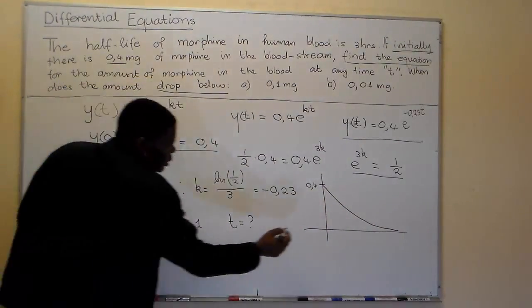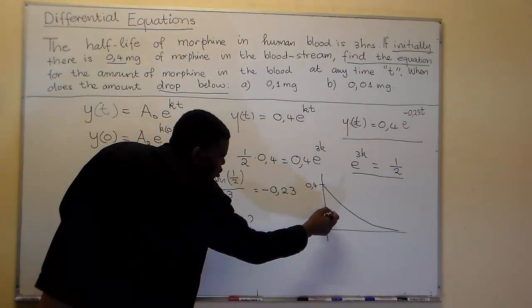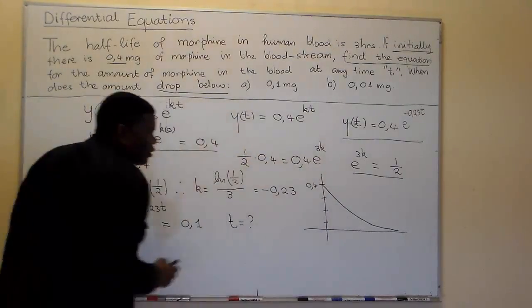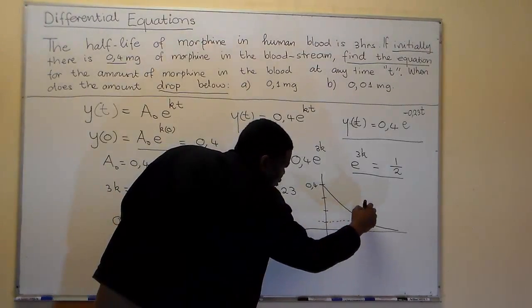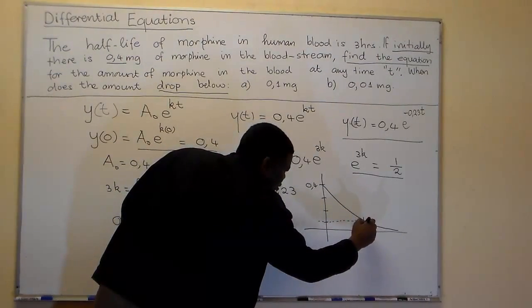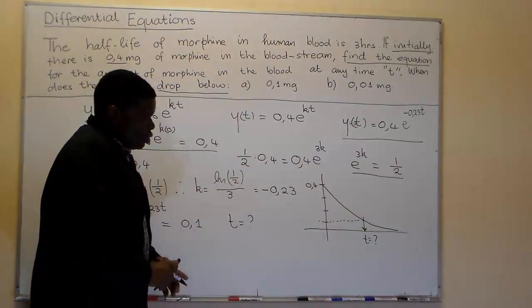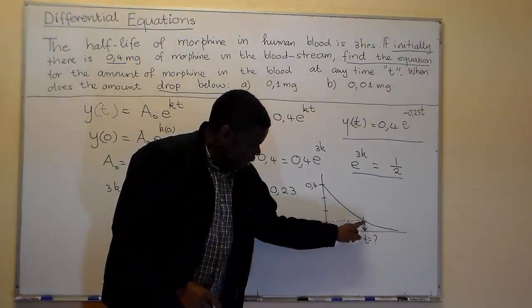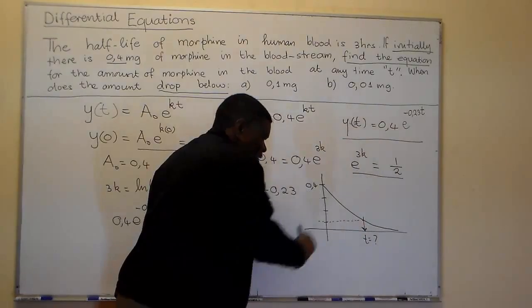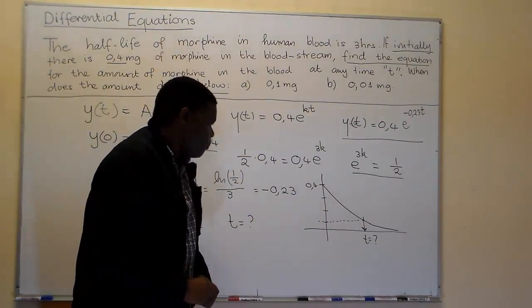So we want to know at what time it's going to be equal to 0.1, somewhere there, say 1, 2, 3, and 4. So now we are looking for this time here. This is the time in question. So just taking the level there, 0.1, horizontally up to the graph, then go vertically down to get the position of the t we are looking for.